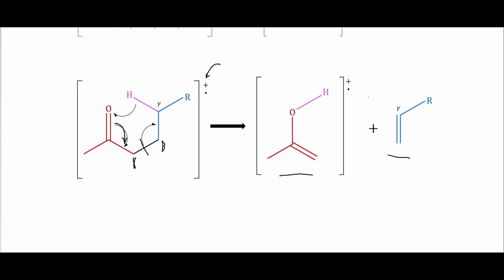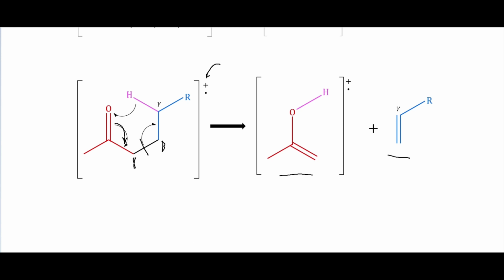And there are also different types of McLafferty rearrangements where it breaks it off at different points. And you can get McLafferty rearrangements in esters. And so again, this is just adding more of that complexity to these mass spectra that can make them difficult to interpret.